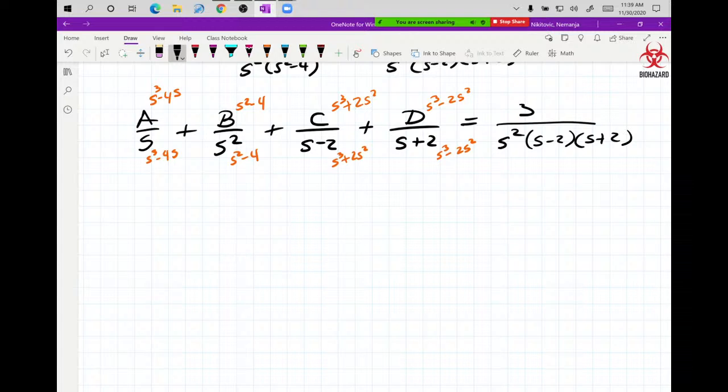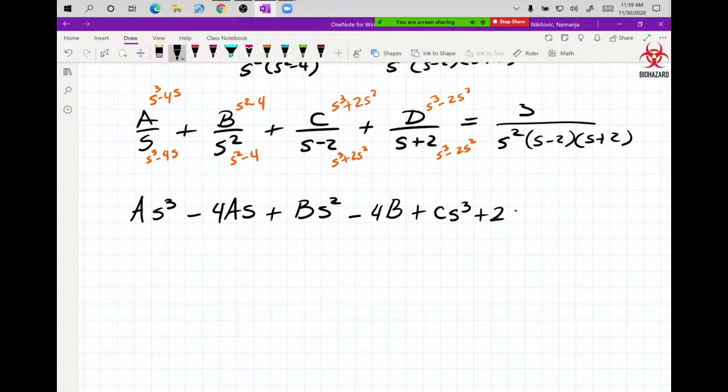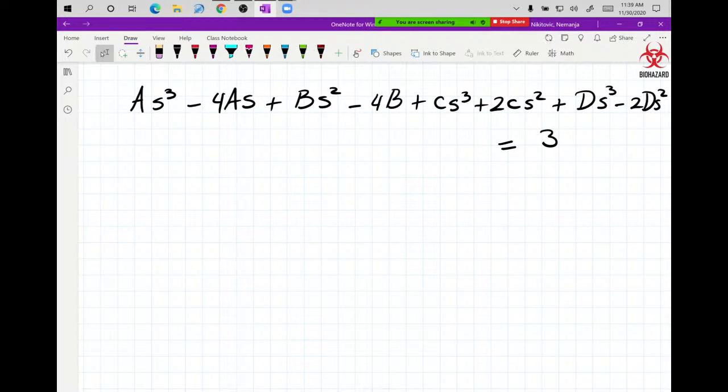And we are looking at As cubed minus 4As plus Bs squared minus 4B plus Cs cubed plus 2Cs squared plus Ds cubed minus 2Ds squared equals 3. So factor out cubes, squares, singles.